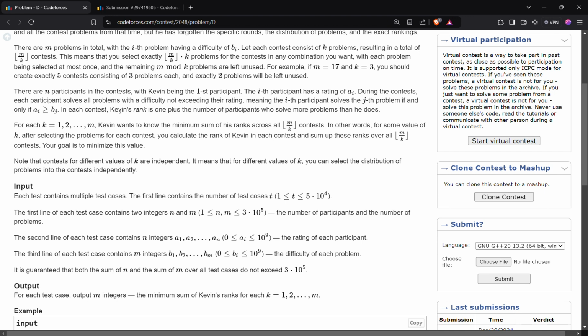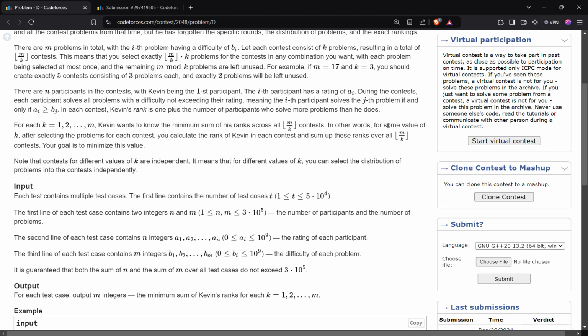So in each contest, Kevin's rank is 1 plus the number of participants who solve more problems than he does. For each k from 1 all the way up to m, Kevin wants to know the minimum sum of his ranks across all floor of m by k contests.